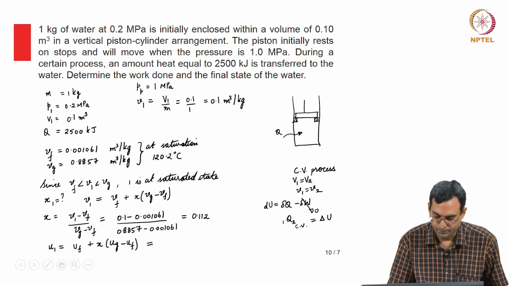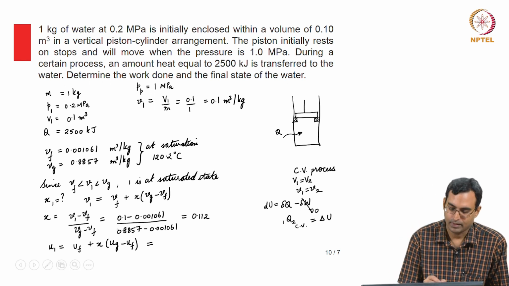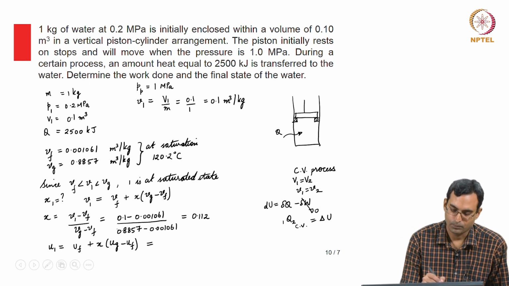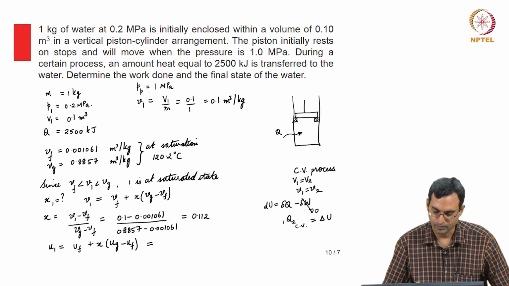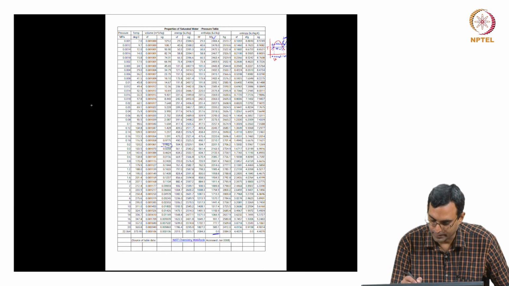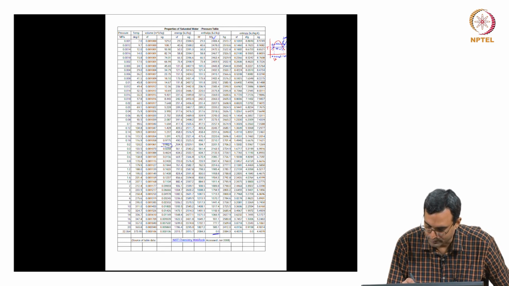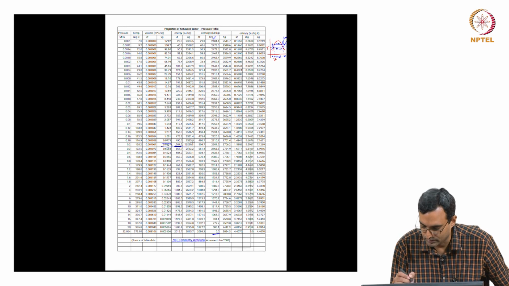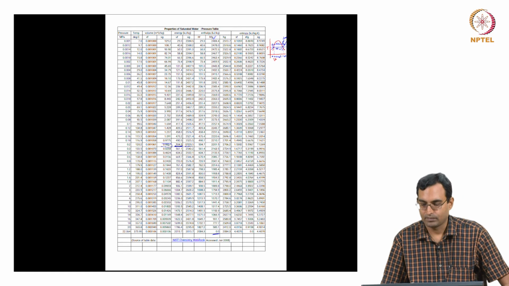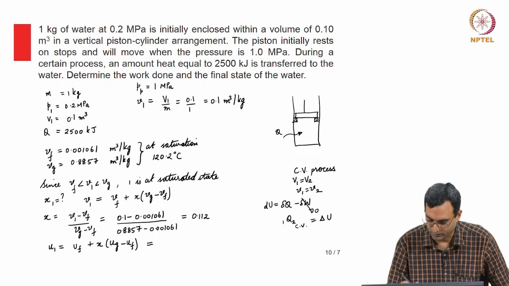So, I need to find out uf and ug. These are at the same condition of 0.2 megapascal pressure and saturation. So, let us look at what is ug and uf. So, uf is 504.5 and ug is 2529.1. So, I have 2529.1 and 504.5.